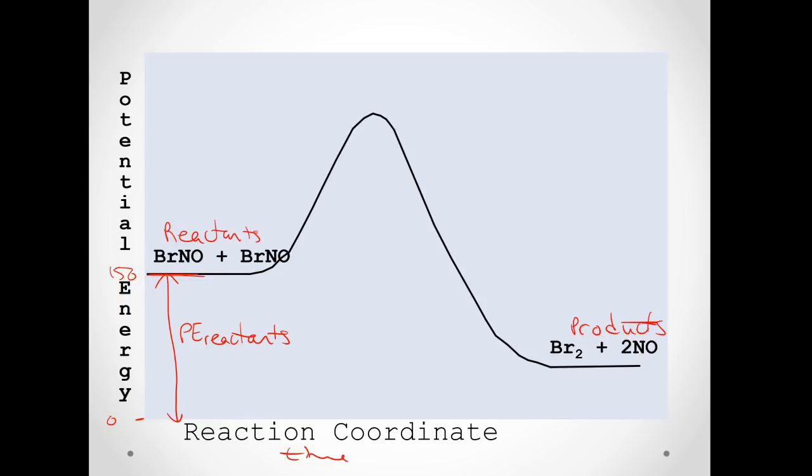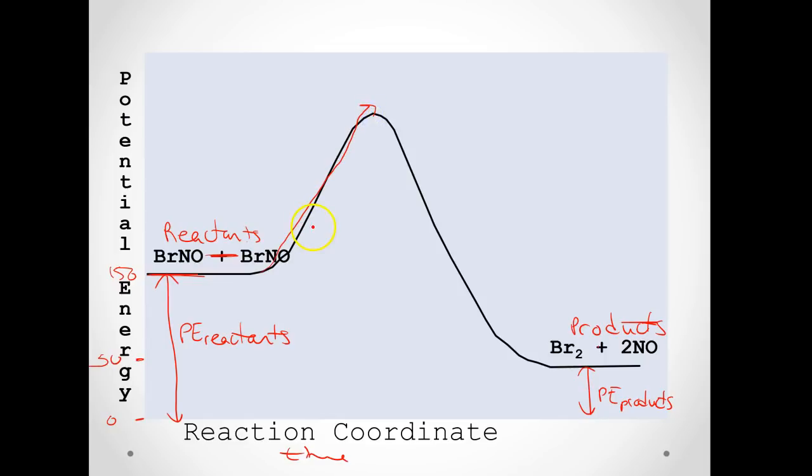Whatever it is, okay? If I was to measure the potential energy of my products, they are at a lower potential energy. Maybe they're only at, say, 50, okay? And so in order for my reactants to turn into my products, these two molecules have to collide. They have to collide in the correct orientation, and they have to collide with enough energy to make it over the hill.